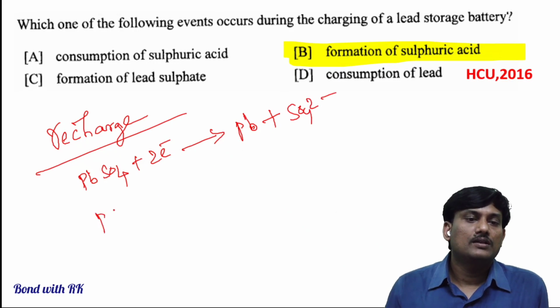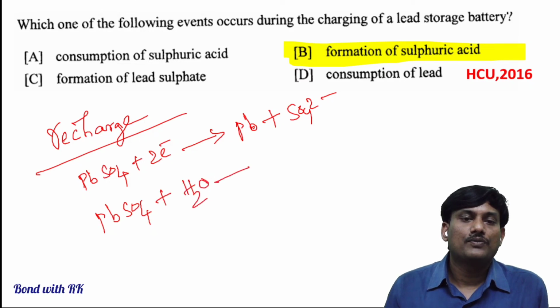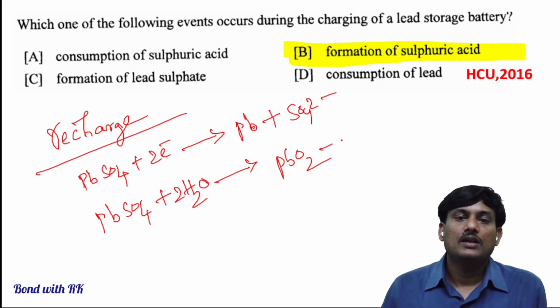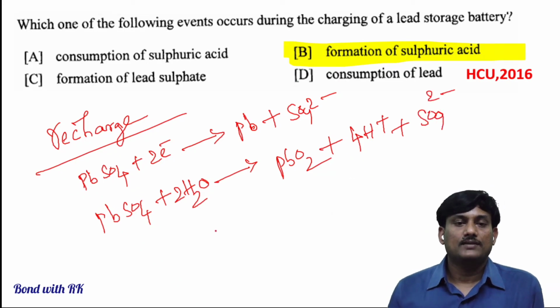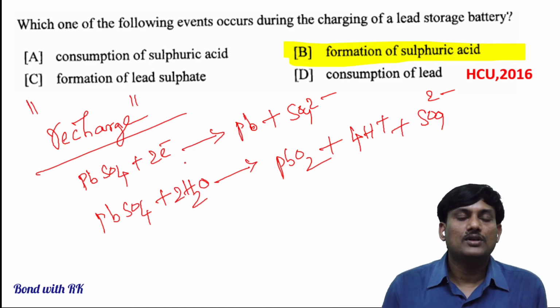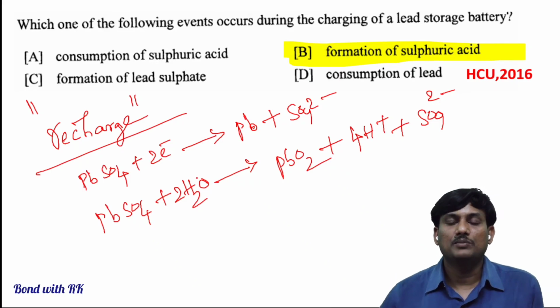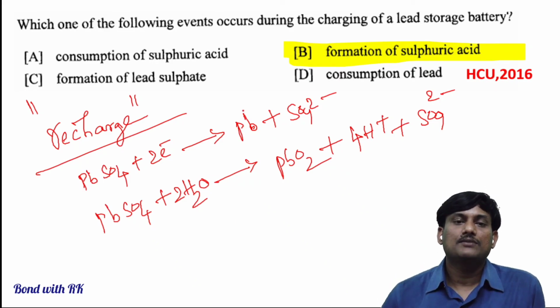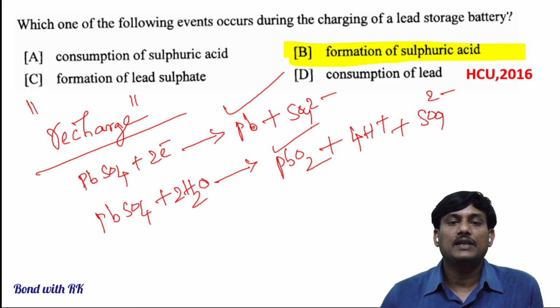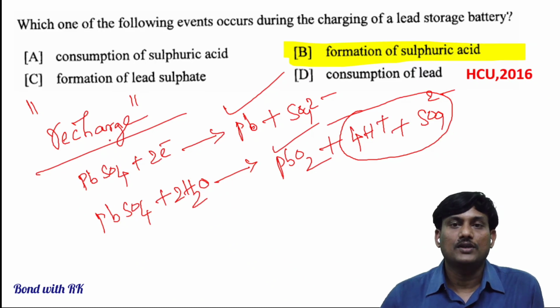In another case, PbSO4 plus 2H2O gives rise to PbO2, 4H+ and SO4 2-. This is the recharging reaction. So finally, there is a formation of lead, a formation of lead oxide, and also a formation of sulfuric acid in the case of recharge.